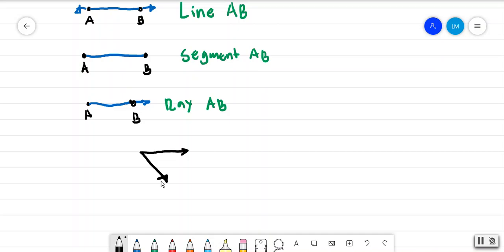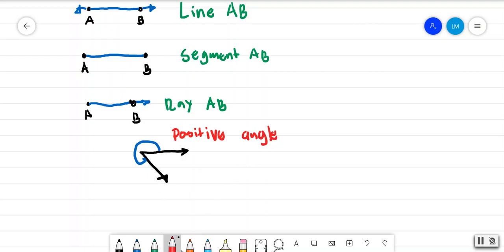We might end up just dropping this terminology. Now, let's say that we were to rotate from here to here. Well, in that case, this would indicate what I would call a positive angle measure.